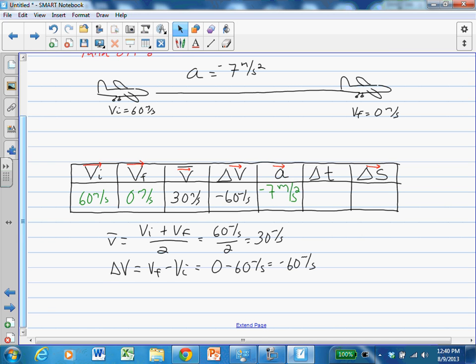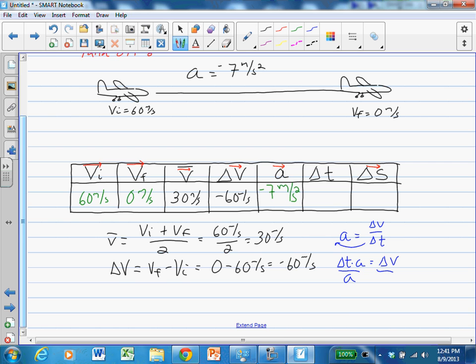Then we could take our acceleration formula and solve for delta t. To rearrange that, if I brought up delta t, I would get delta t times a equals delta v. Then if I divide by a, I get delta t is delta v over a.